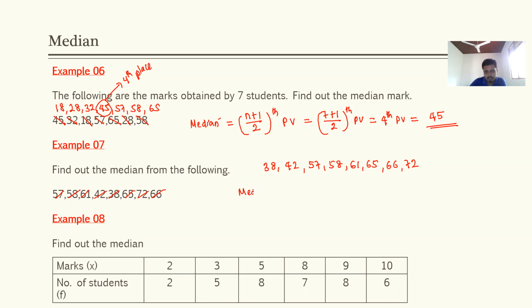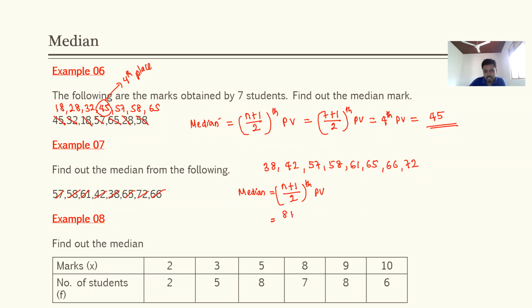Now we can easily find the median value of this individual data set. How to take it? N plus 1 over 2. We need to get this positional value. Right. How many observations do we have here? 1, 2, 3, 4, 5, 6, 7, 8.